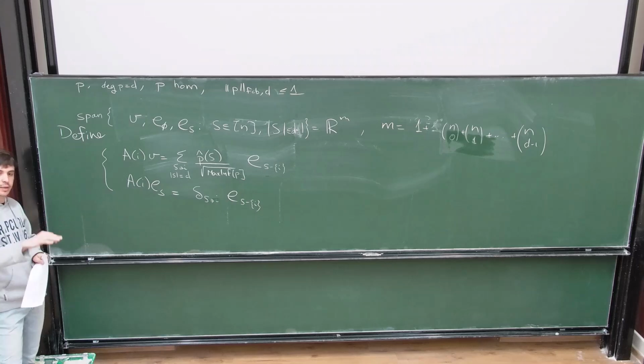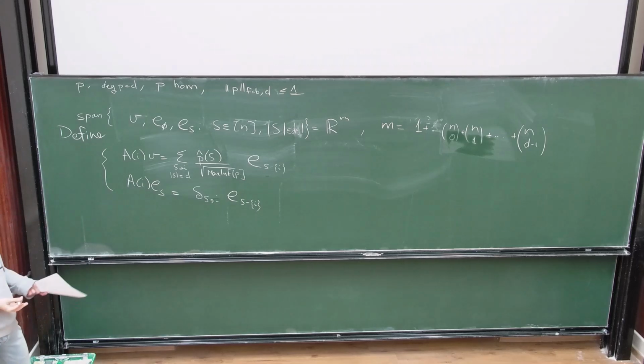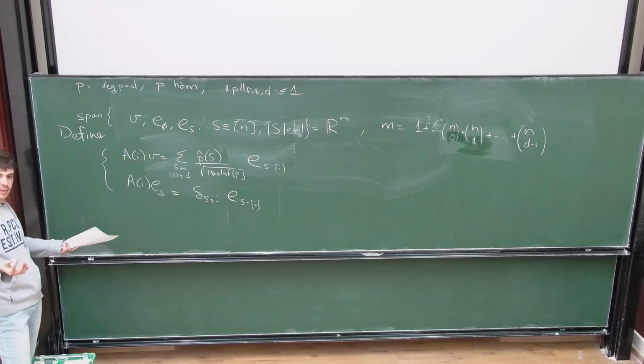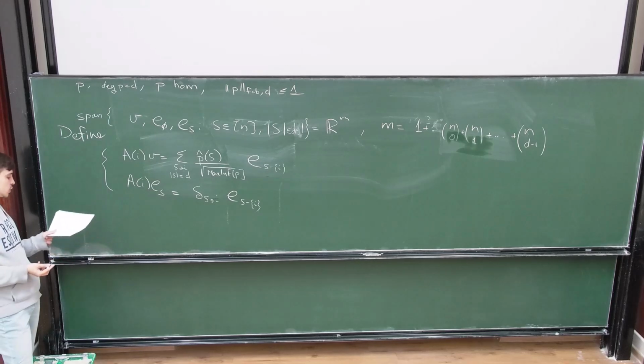Otherwise, it's going to kill it. So this is kind of a destruction operator. Maybe if you come from physics, I don't know if anyone comes from physics here, this is what physicists might want to call a destruction operator.